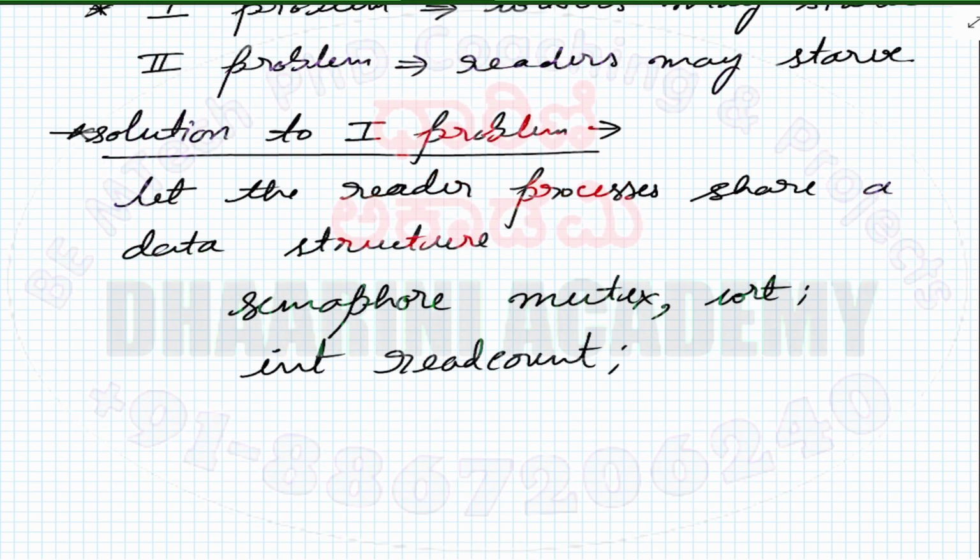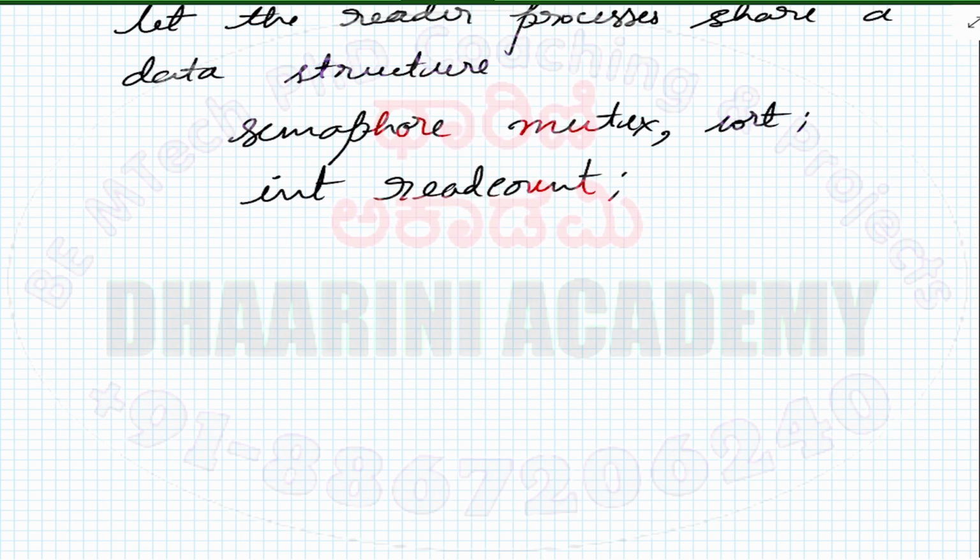Now, how to begin the solution? Let's say that the semaphores mutex and WRT, we try to initialize both of them as 1.